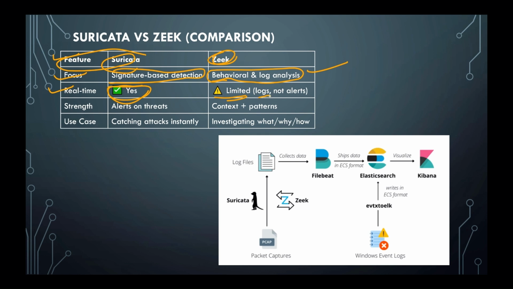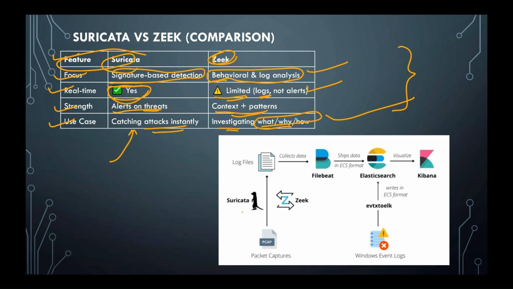It works on logs, not alerts. What are the strengths? Suricata alerts on threats, while Zeek provides context plus patterns. What are the use cases? Suricata can catch attacks instantly, while Zeek investigates what, why, and how. So both have their own importance.